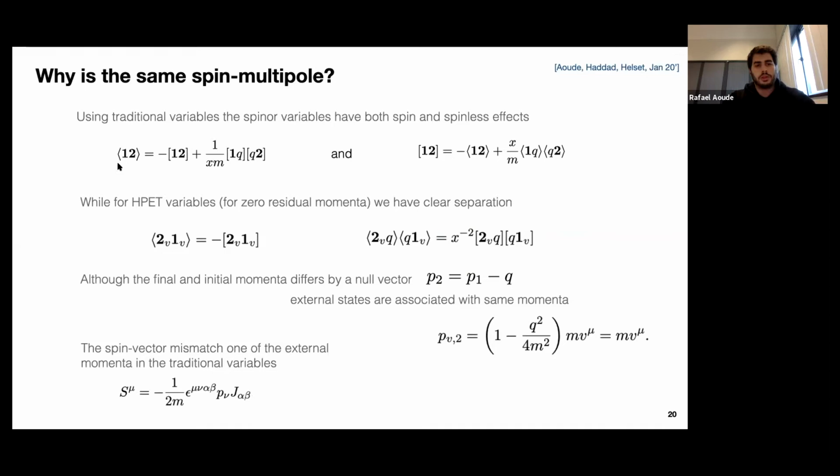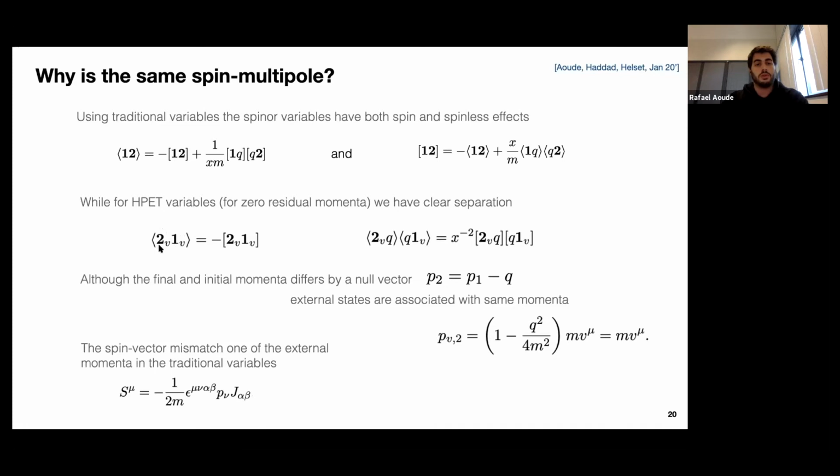Well, these variables hide the spinless and spin effects in such a way that if you want to translate from chiral to anti-chiral basis, you always have a spin effect mixing with what can be seen as a spinless effect, but is only seen as a spinless effect when you look at the HPT variables. So for the HPT variables, we have a clear separation between what is spinless and what is spin effect. So you can see that there's a statement that is basis independent, right?